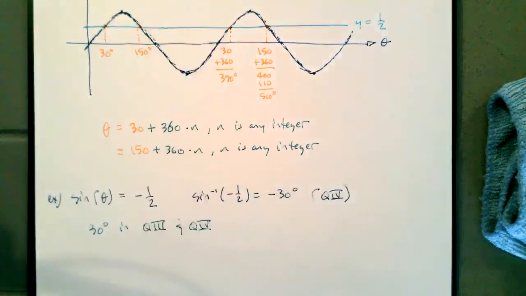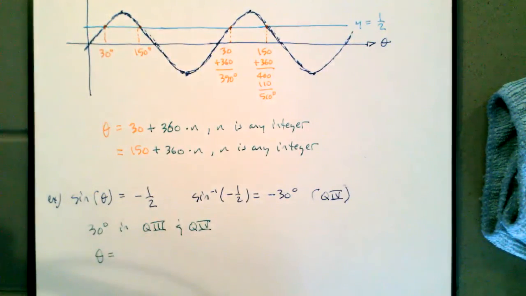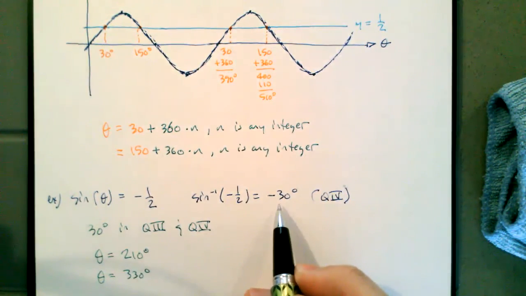So now 30 degrees in quadrant 3 will be 210, and 30 degrees in quadrant 4 will be 330, or negative 30 degrees.